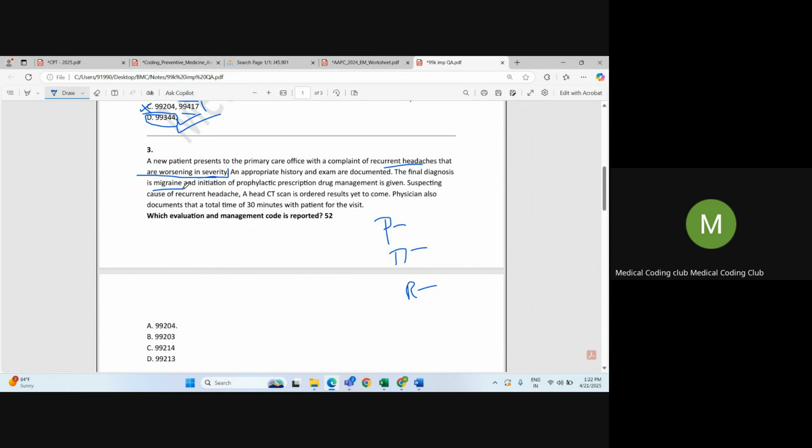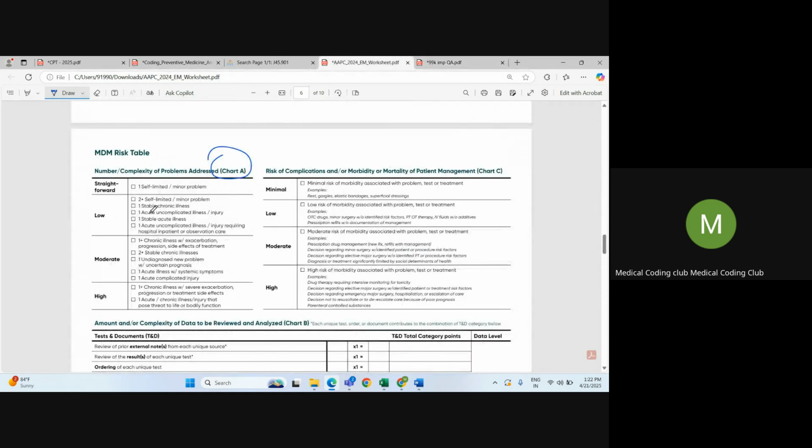Only if you have the final diagnosis as migraine can you take your problem chart A as low. You can consider it an acute uncomplicated illness. Only if they diagnose a usual migraine can you take it as a low level, concluding it as an acute uncomplicated illness.